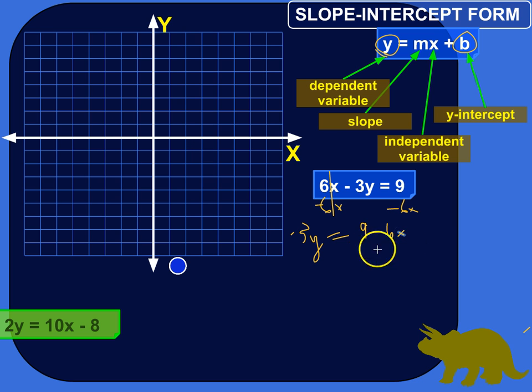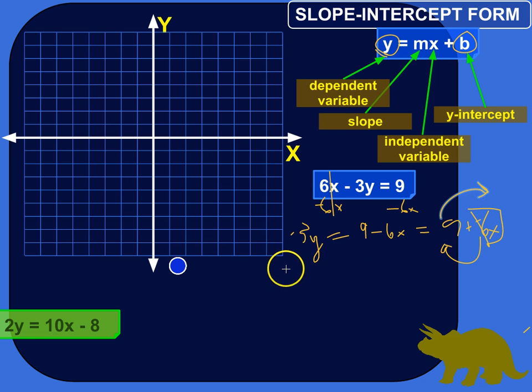Now, I'm going to rewrite this as 9 plus negative 6x, since it doesn't matter the order in which you add things together. So this allows me to just flip the order around.